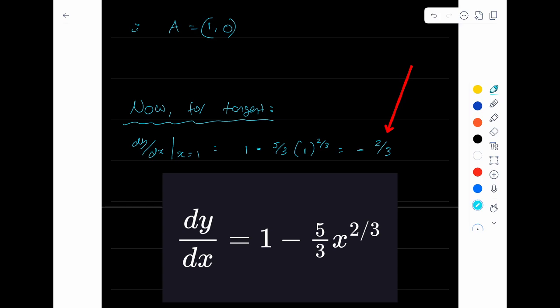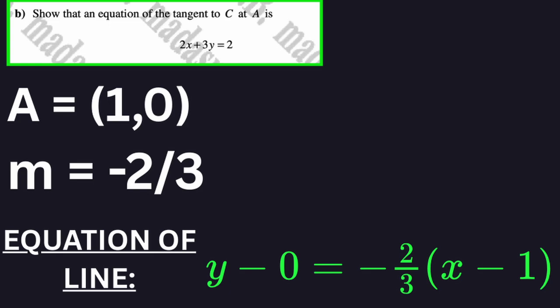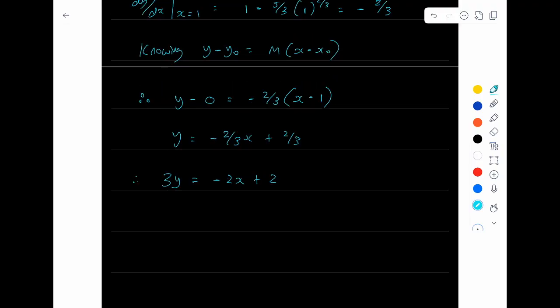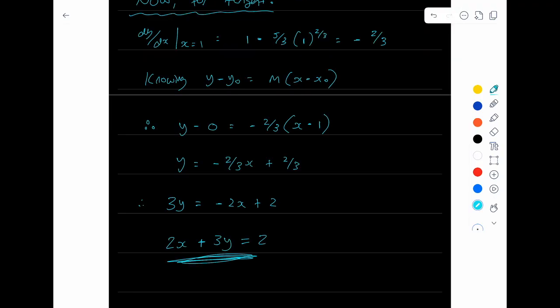Well, our equation becomes y minus 0 is equal to negative 2/3 (x minus 1). If we rearrange this now, we simply get 2x plus 3y is equal to 2. So this is perfect because it matches exactly what they wanted.